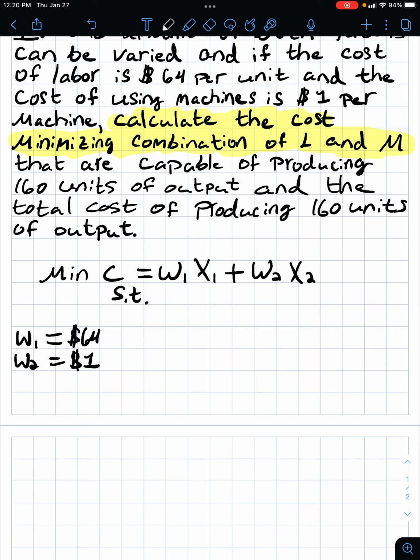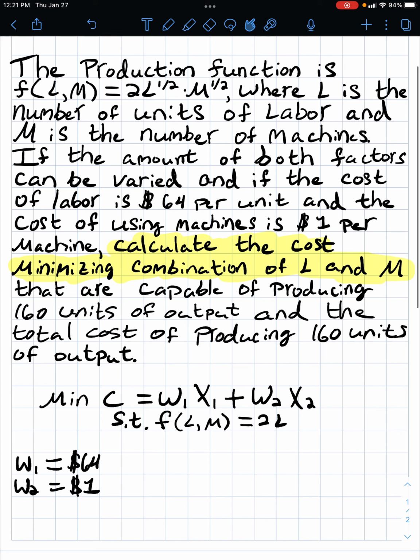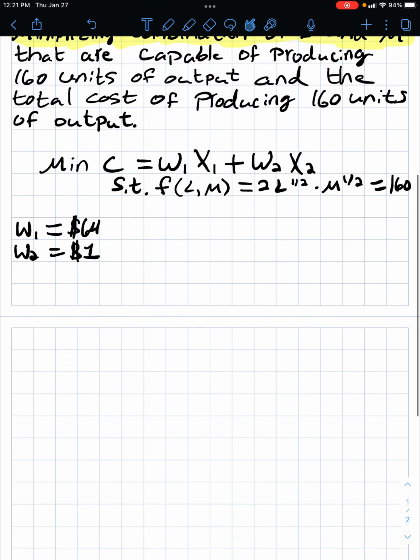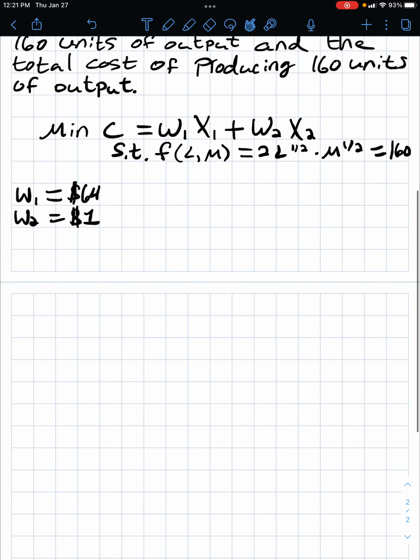So subject to F(L, M), which is going to be equal to 2L to the 1/2 times M to the 1/2, which is going to be equal to 160, because we are looking at producing 160 units. So that is our first equation.